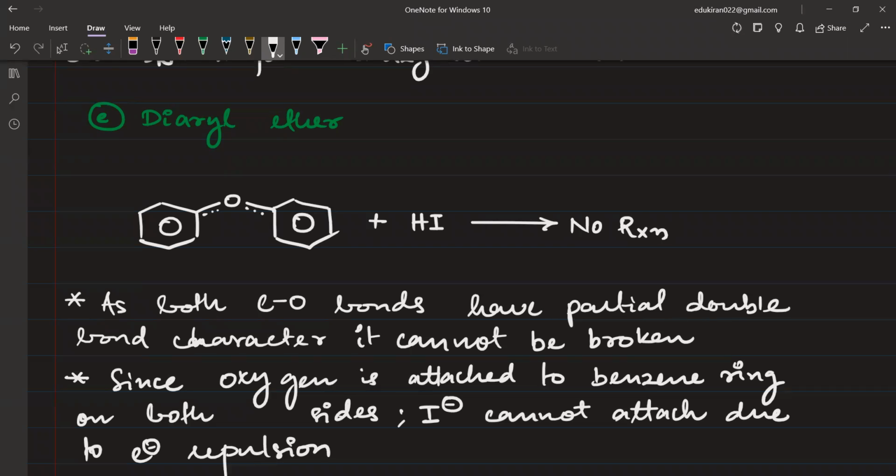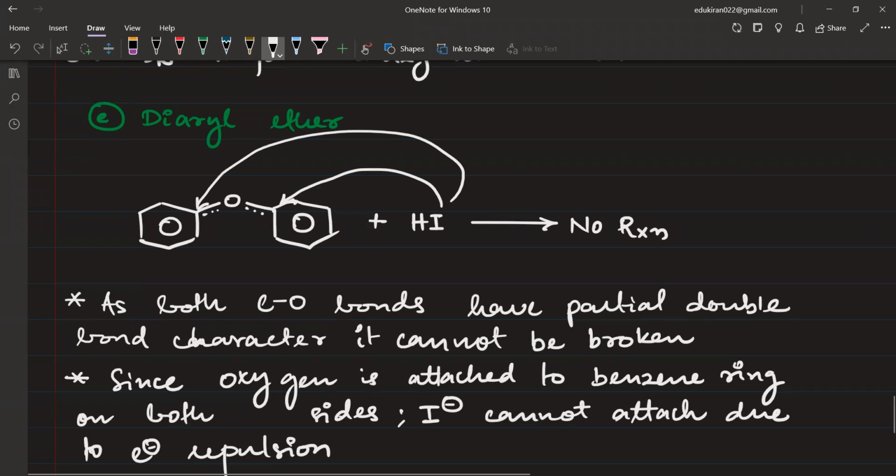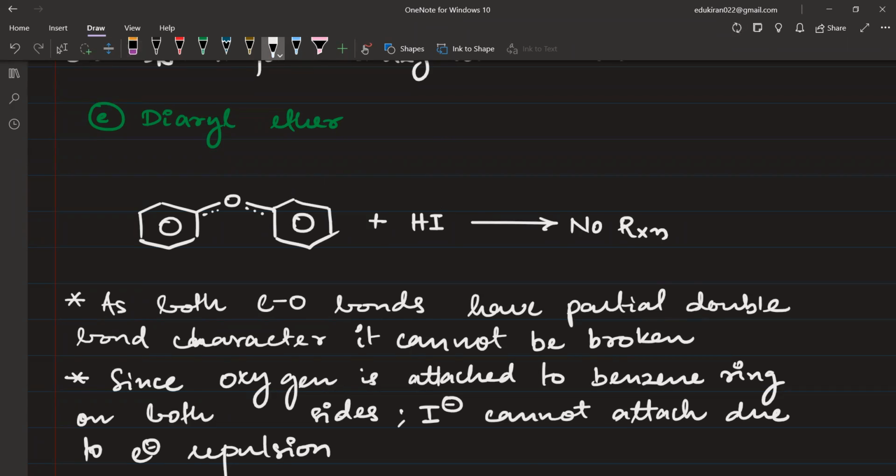Iodine negative is also electron-rich, benzene is also electron-rich. So this iodine negative cannot attack here, and it can neither attack on this carbon atom. So both of the attacks are not possible. That is why this gives no reaction.